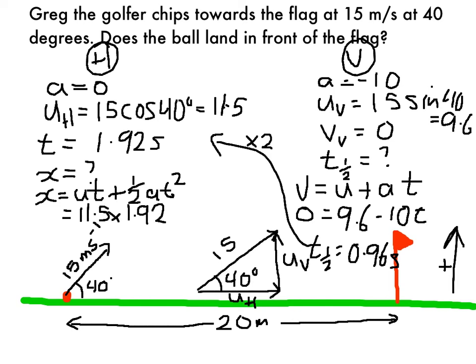And so x, the distance, is 22.08 meters. So Greg the golfer has overshot the pin. His ball has landed somewhere here.